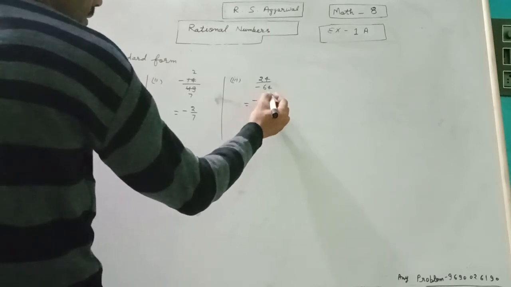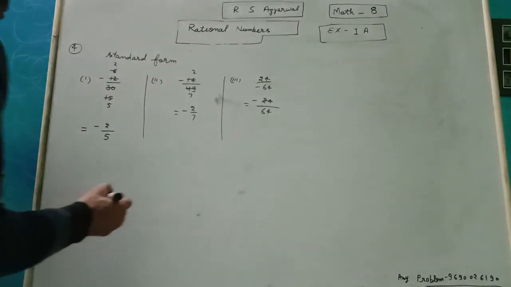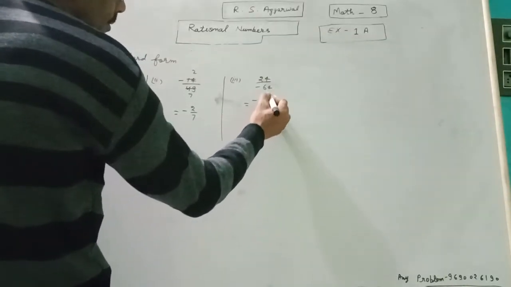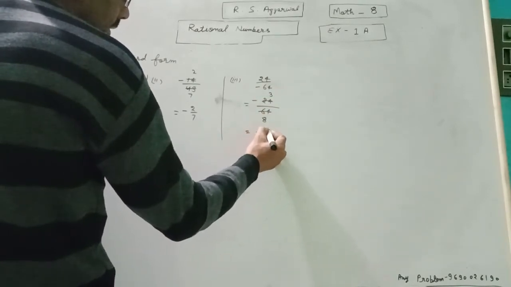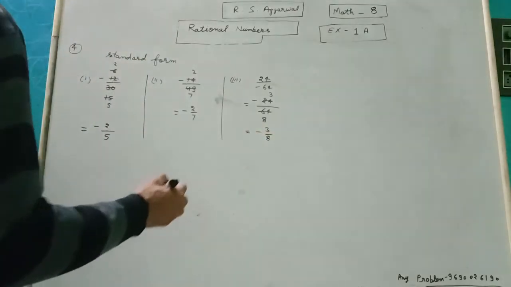Divide both by 8, they belong to the table of 8. 8 eights are 64, 8 threes are 24. Minus 3 upon 8 is the standard form.